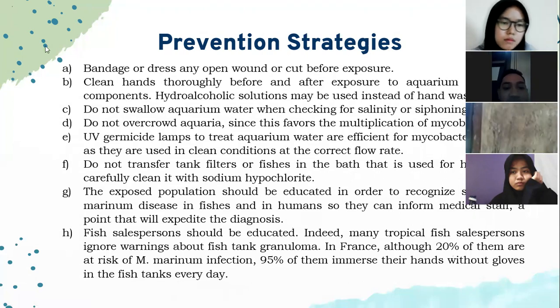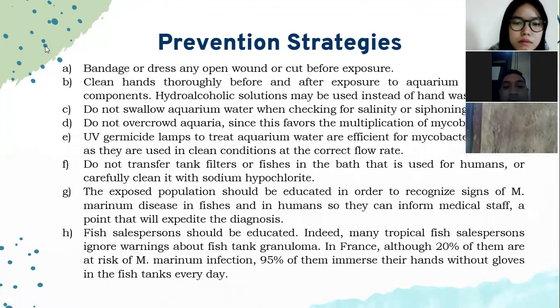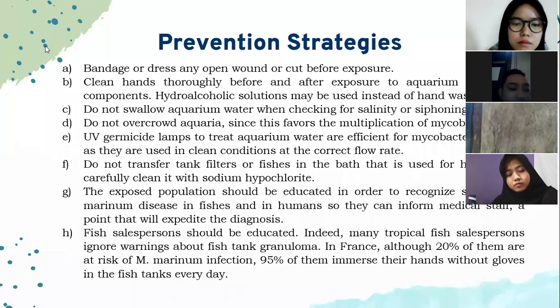Number 7 is that the exposed population should be educated to recognize signs of M. marinum disease in fish and in humans so they can inform medical staff, a point that will expedite the diagnosis. Number 8 is that fish salespeople should be educated.